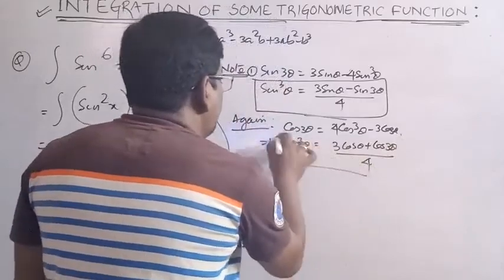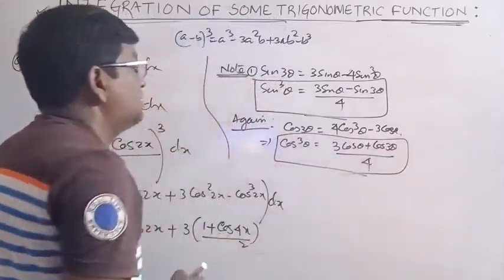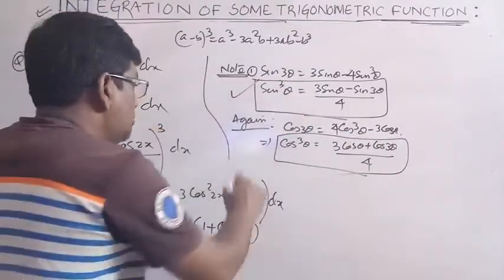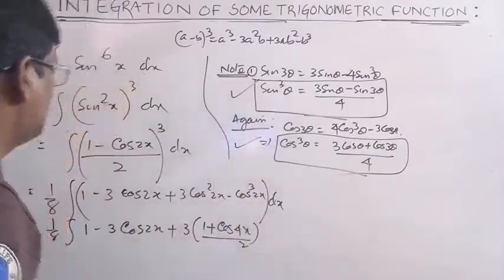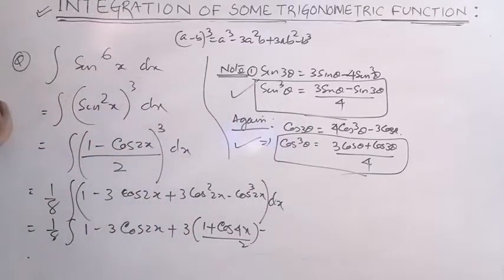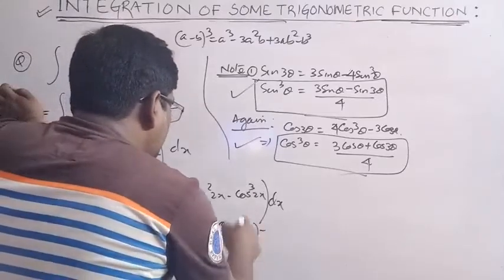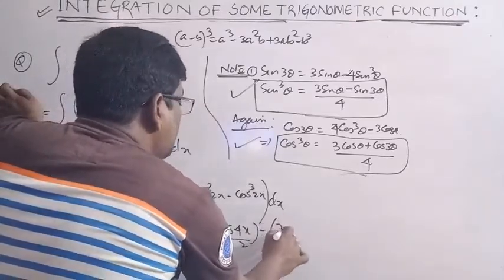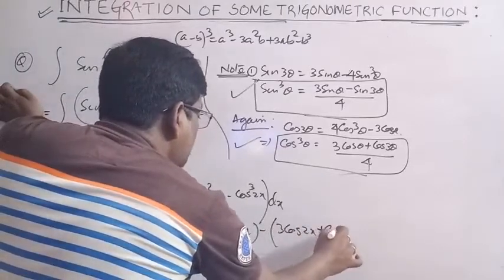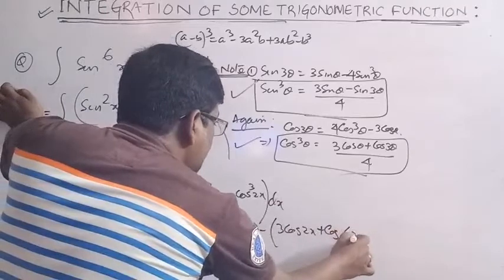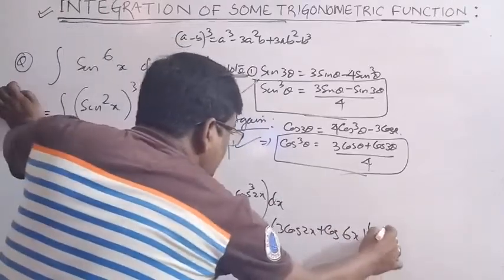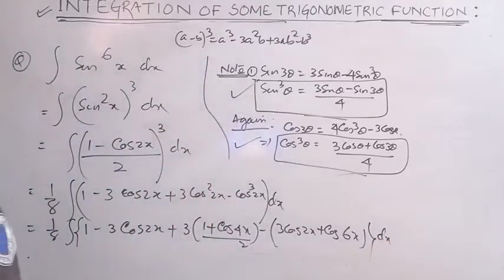If you have to integrate sin cube x, apply this formula, and for cos cube x, apply this formula. So this will be, and this is minus, cos cube theta means 3 cos 2x plus cos 3 theta, that is 6x, whole into dx.